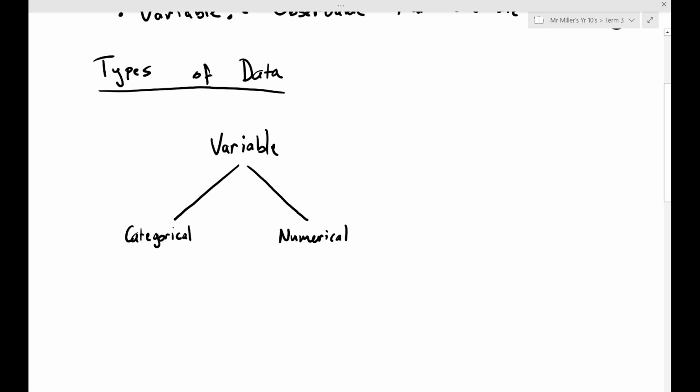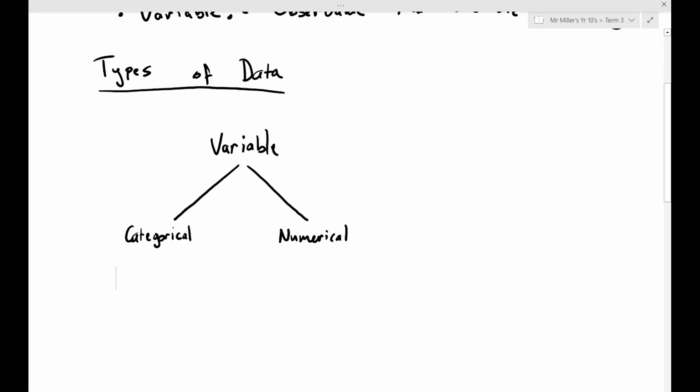I'm going to be collecting data on the color of different cars. My variable is the color of cars in the car park. That is not a number, it's a category. It's either going to be pink or red or blue or whatever. We're measuring categories. So we consider the color of the different cars in the staff car park to be a categorical variable.